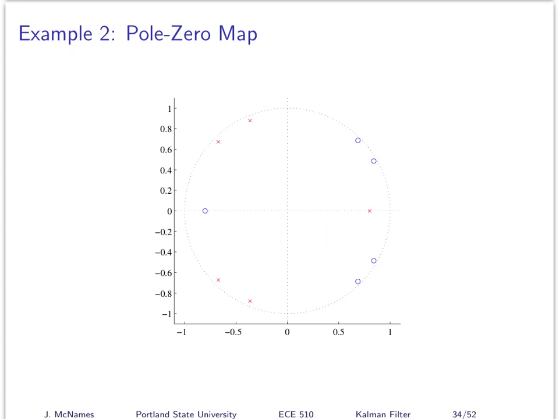Example. Here is, for those of you that remember this, a pole zero diagram of a discrete time system that I'm going to excite with white noise to generate the observed signal. One of the first things you should notice is that the system is not an all-pole system.